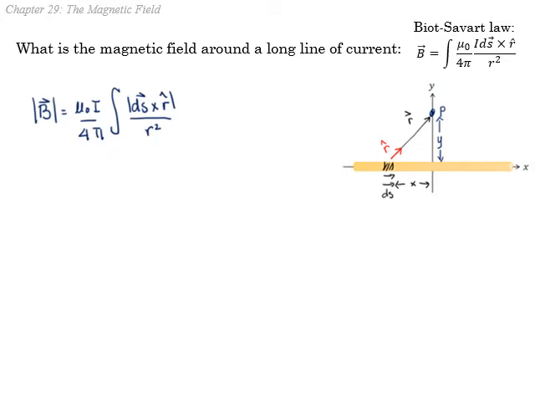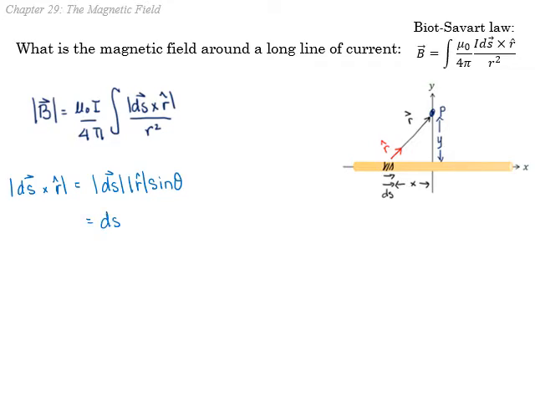So let's start to sort out what we mean by the magnitude of ds cross r hat. We remember that the magnitude of the cross product is the magnitude of ds times the magnitude of r hat times the sine of the angle between them. So we could just write that as ds.